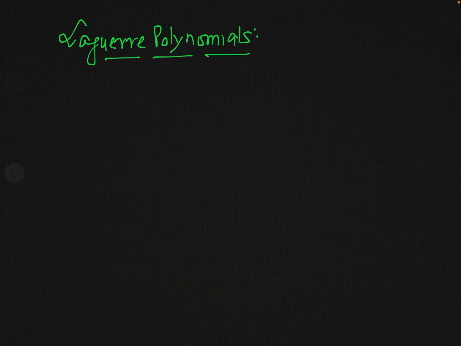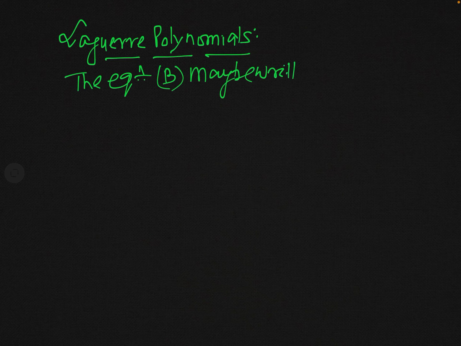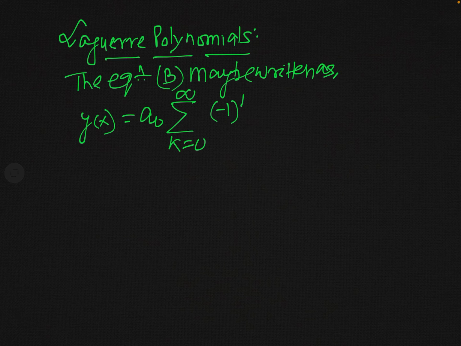So the equation B may be written as y of x equal to a naught summation k 0 to infinity minus 1 raised to the power k n factorial over k factorial square times n minus k factorial.